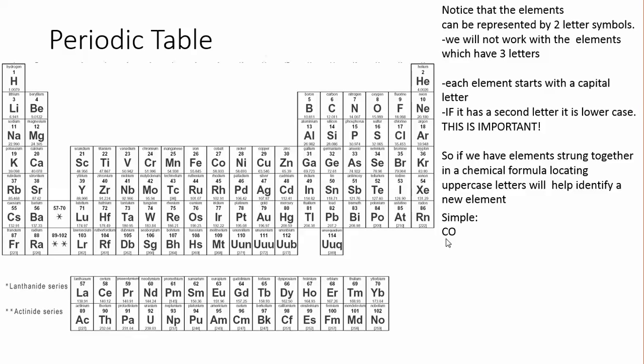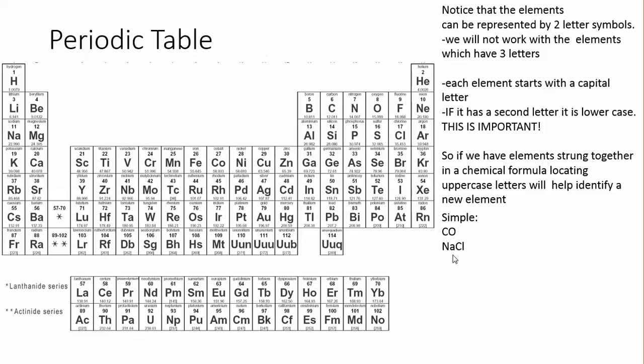That's not what we have here. We have capital C, capital O. So capital C is carbon, and capital O is oxygen. So this tells me I have one atom of carbon and one atom of oxygen. So I have two elements, one atom of each of the elements bound together to form this compound.